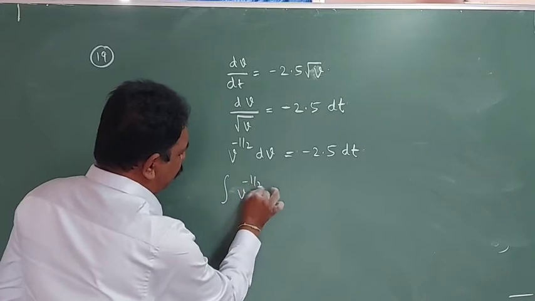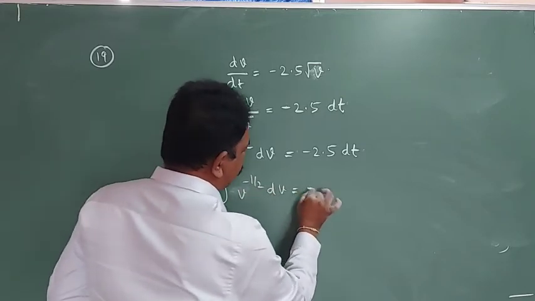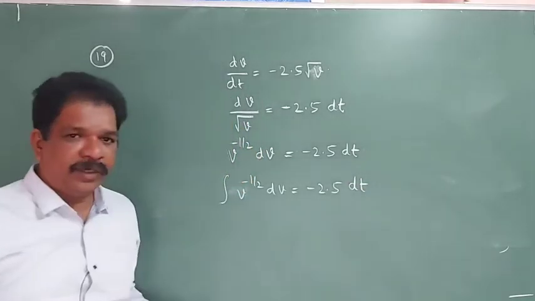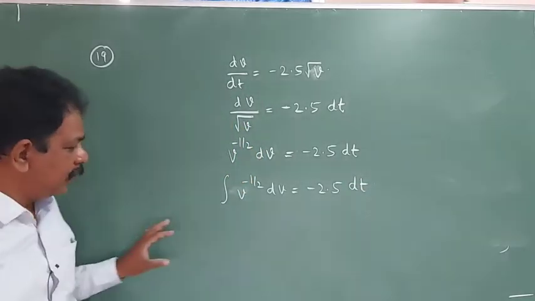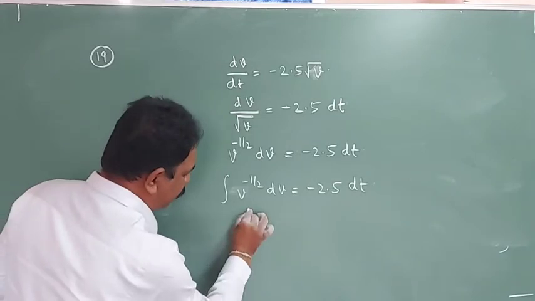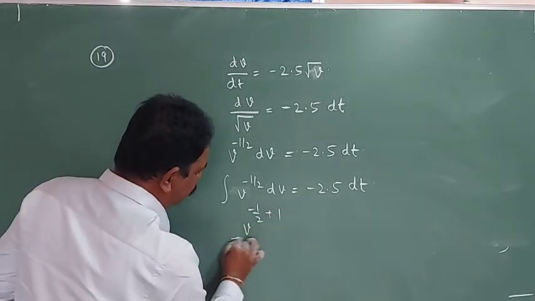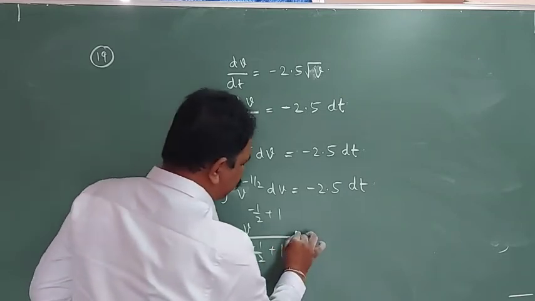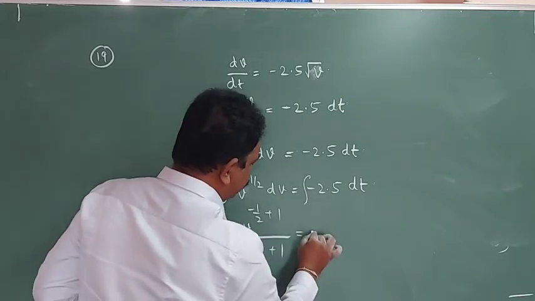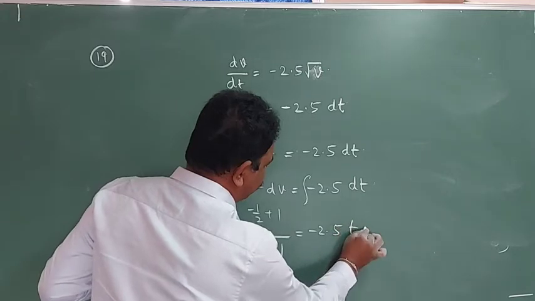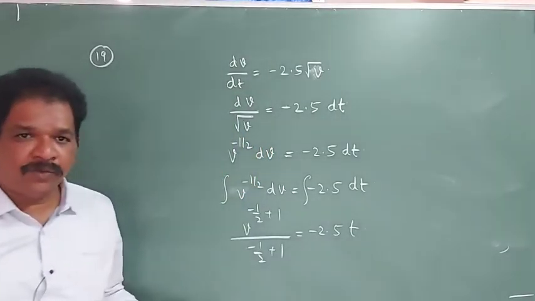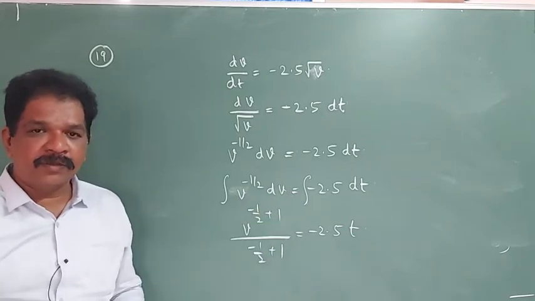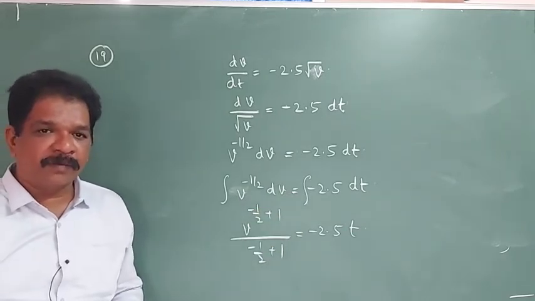What is its integration value? V power (minus 1 by 2 plus 1) by (minus 1 by 2 plus 1). This side integration minus 2.5 into t.